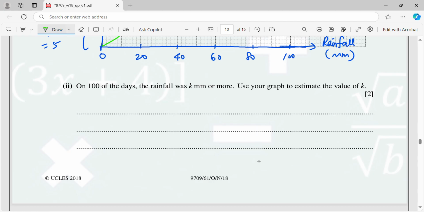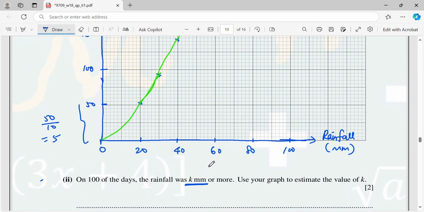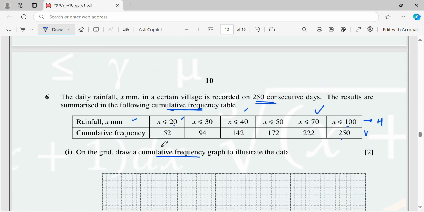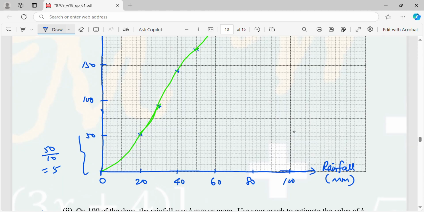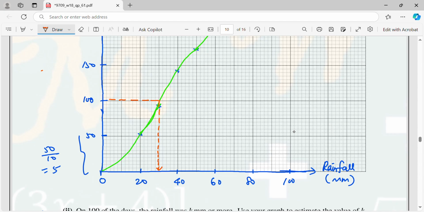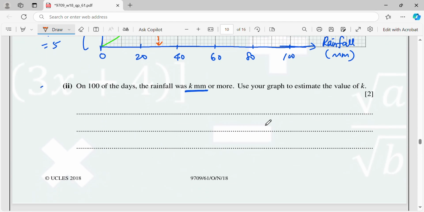Okay, now on 100 of the days, the rainfall was K millimeters or more. Use your graph to estimate the value of K. So 100 of the days. So days is the cumulative frequencies, right? So now you just draw 100, draw the dotted line. Okay, let me check.